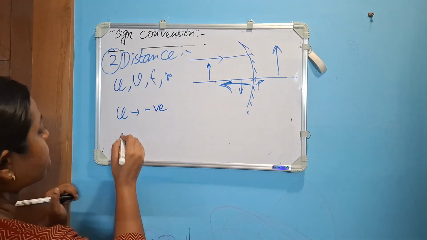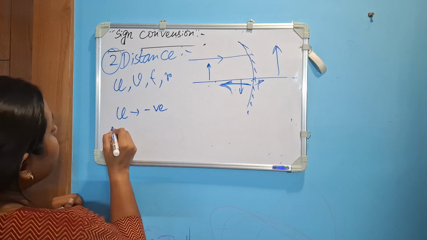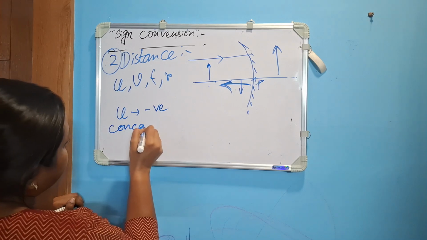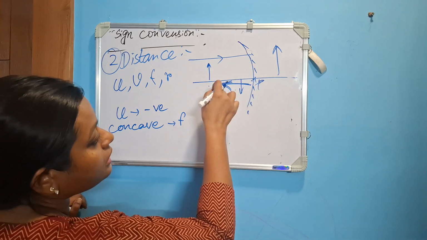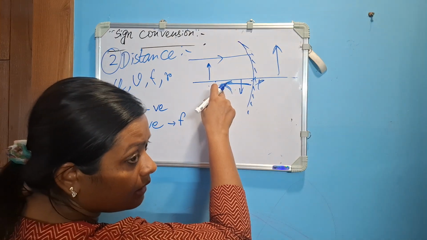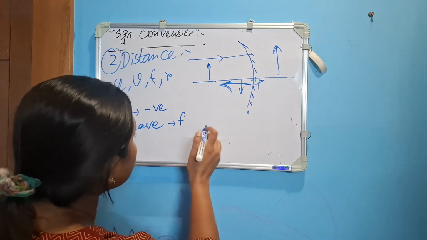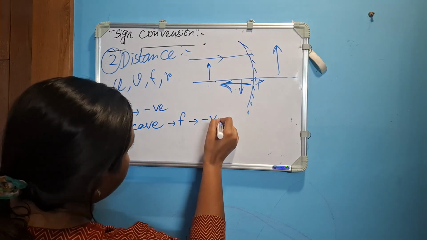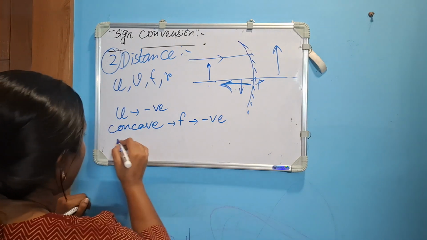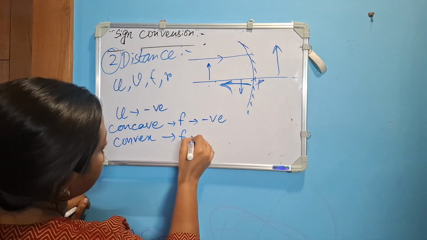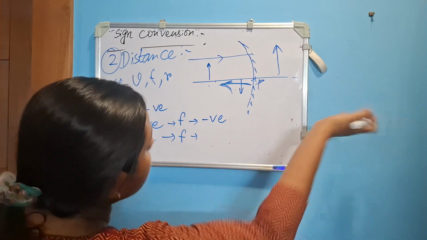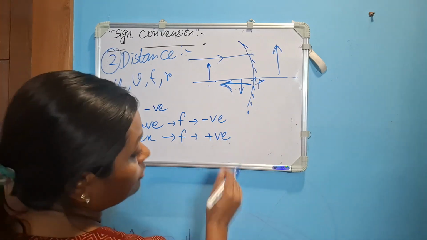U negative. Now for concave, as it is in front of the mirror, F will be negative. And for the convex, as it is behind the mirror, it will be positive. Why positive?